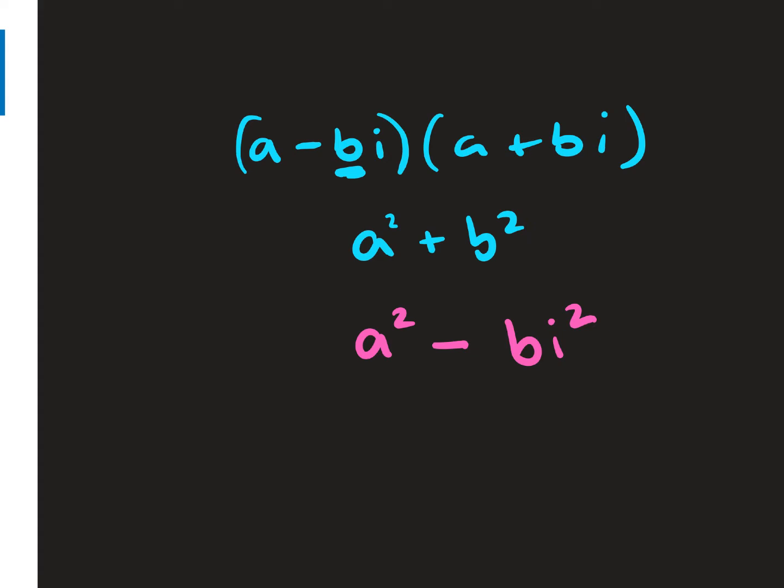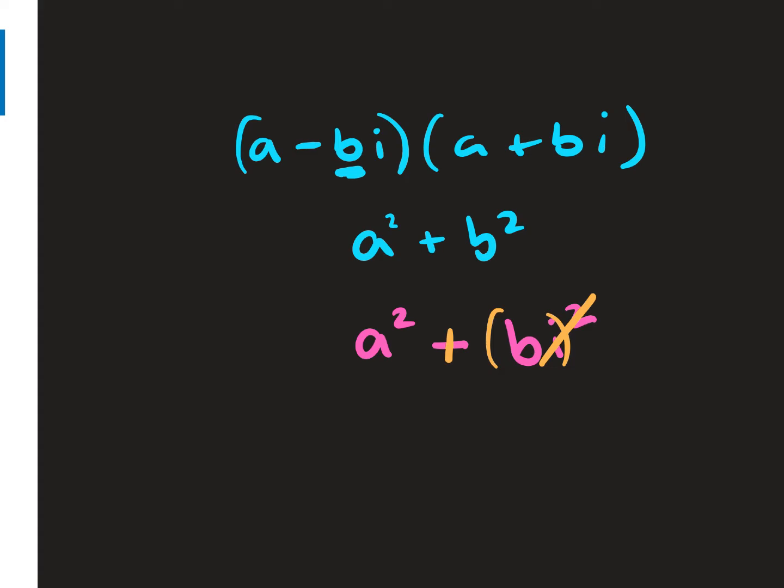So doing it this way is kind of just like the shorter cut way of this, because we would change the i squared to -1 and make it a plus. This should be squared because the b will be squared also. So there's 2 different ways of multiplying our conjugates together.